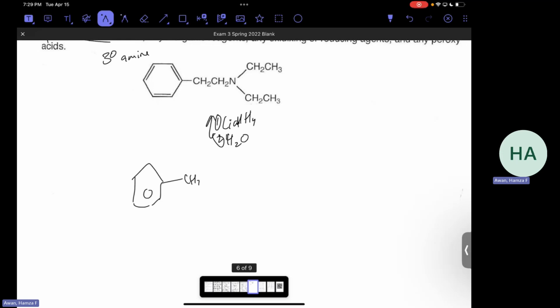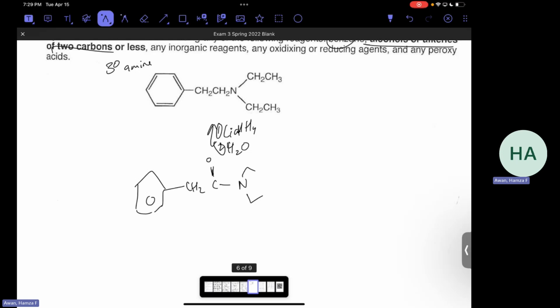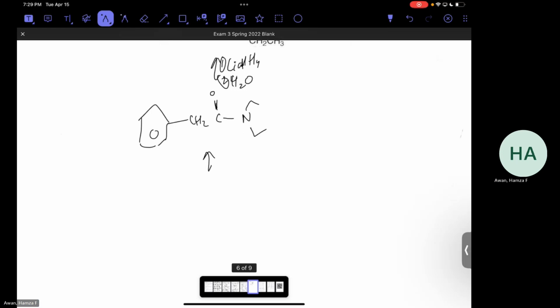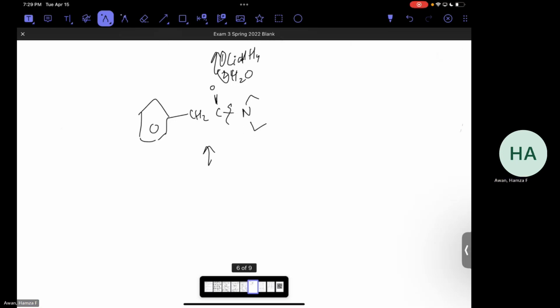So we have a CH2C, which is bonded to an oxygen, which is bonded to the amide. So this is our amide. Our next step is going to be to get rid of the amide, right? So what we can do is cleave it down the middle, and this will make the amide become an acid chloride.